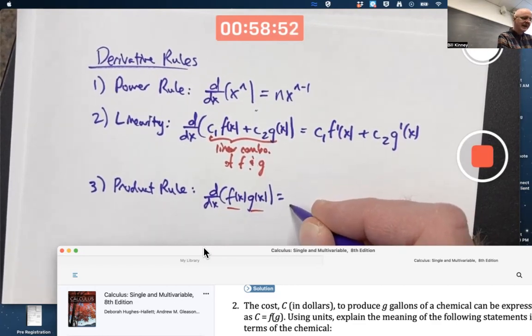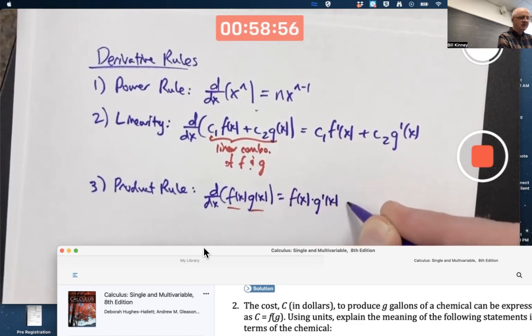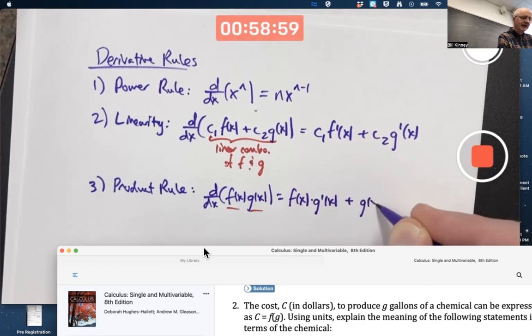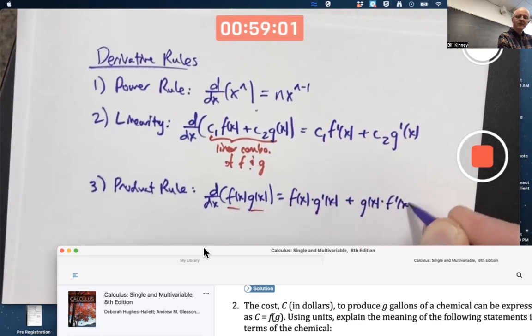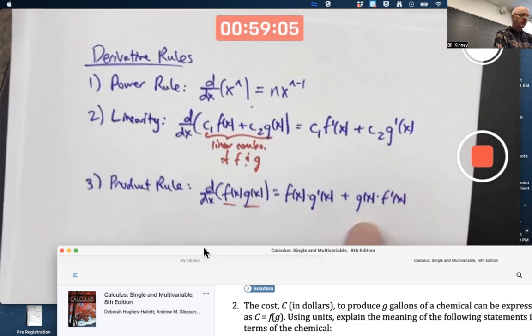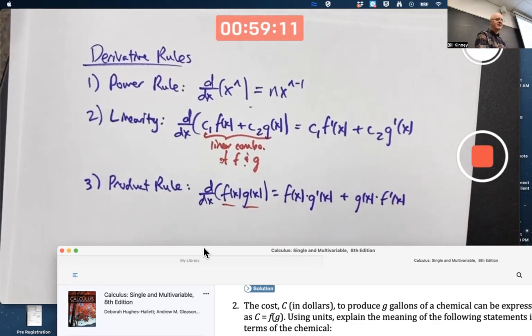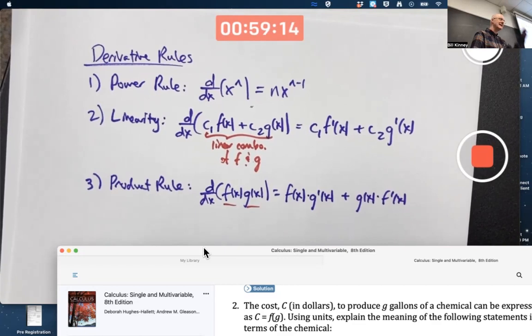You could say the answer is left d right plus right d left, if you like. Of course, addition and multiplication are commutative. I could switch the order of these around. I could also here have f prime of x times g of x instead. But this would be how you'd want to write it if you wanted it in your mind to say lefty right plus righty left.